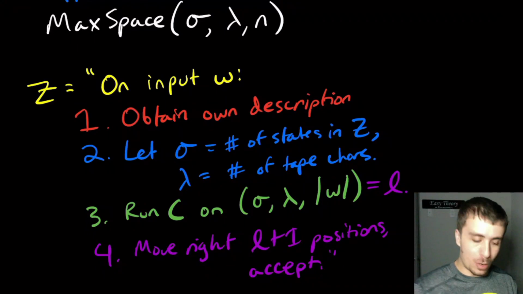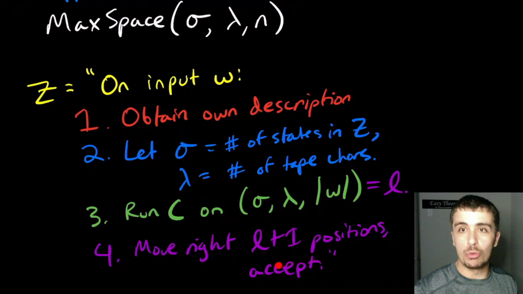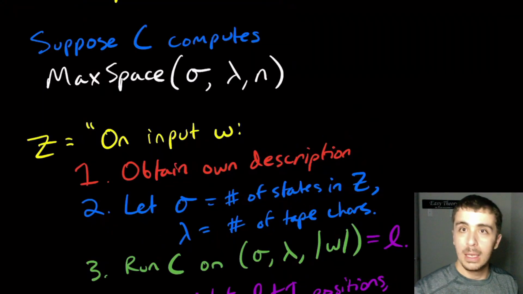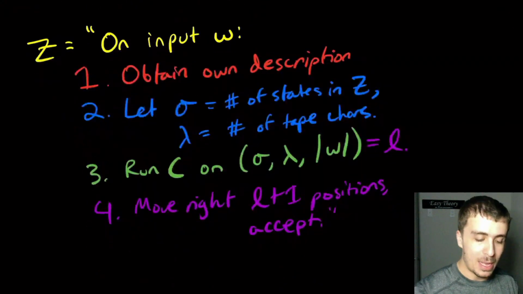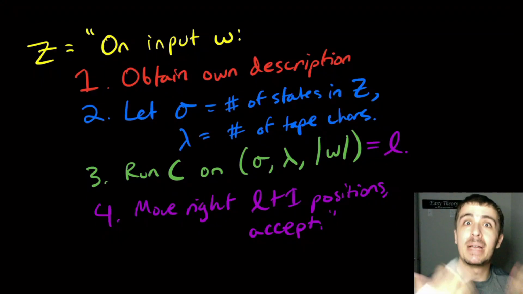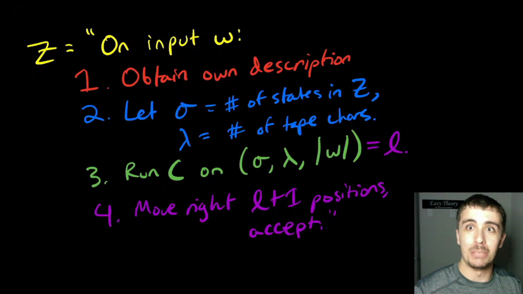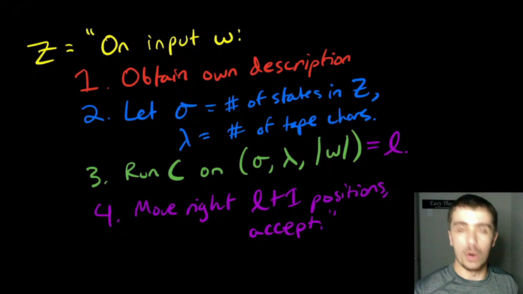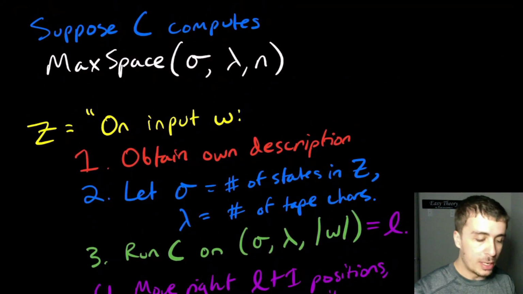And so Z takes at least L+1 cells, which is a contradiction, because Z was involved in this calculation. This contradicts the fact that max space was computable, because if it were computable, then we can make this Turing machine, but it obviously has a logical contradiction built into it. And so we obtain the conclusion that max space is not computable.